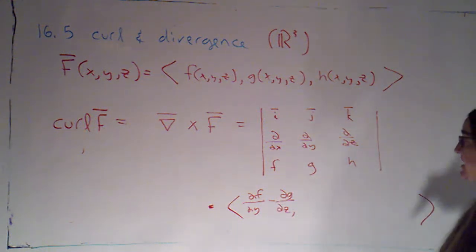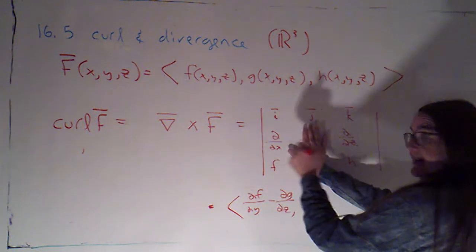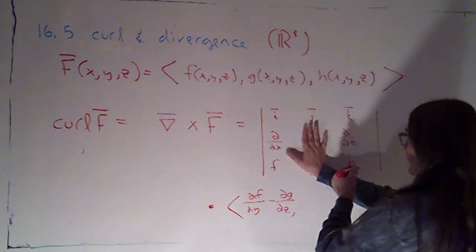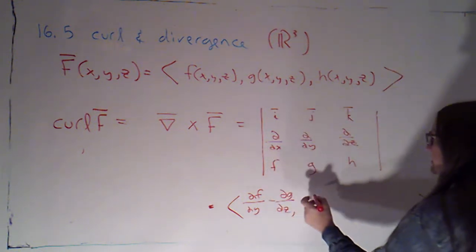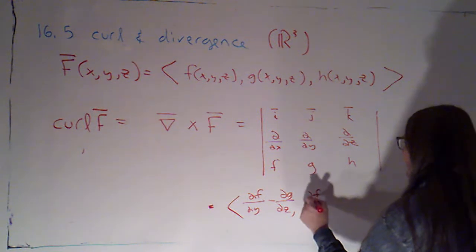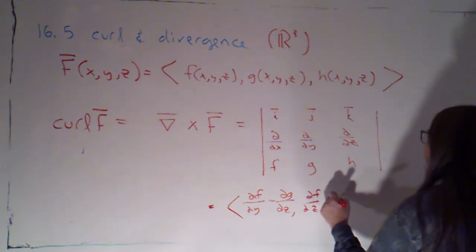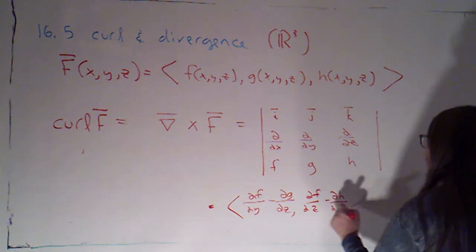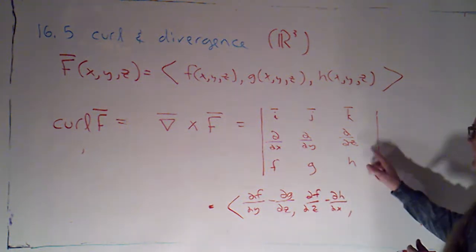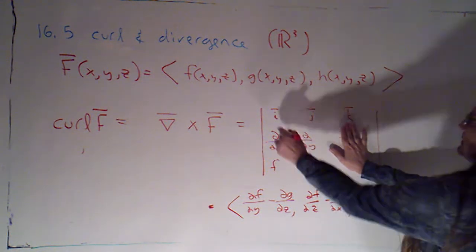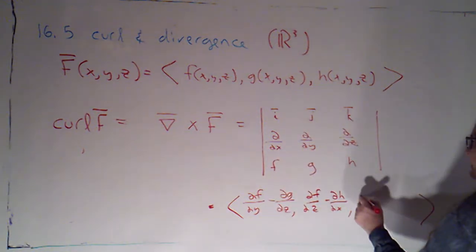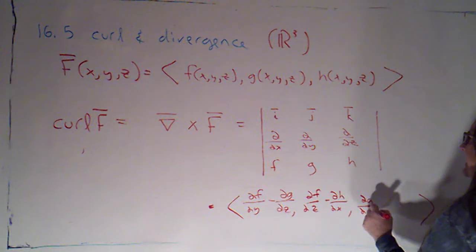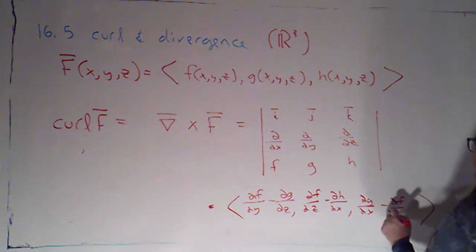For the j's, I want to remember that this one's negative, so I'm going to do it backwards. So I'm not multiplying, but I'm applying these operators to these functions. So I'm going to get the partial of f with respect to z minus the partial of h with respect to x. And then for the k component, I'm going to just get the determinant of this 2 by 2 matrix, partial of g with respect to x minus partial of f with respect to y.